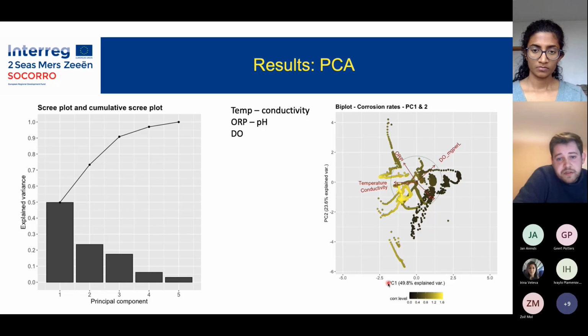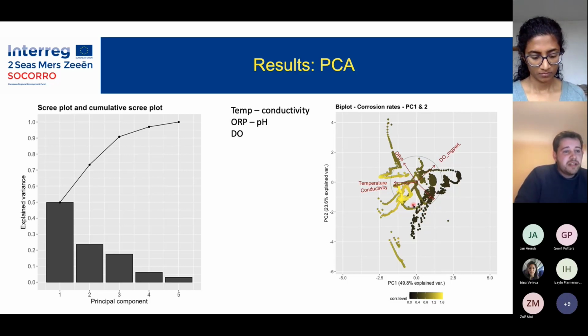The original coordinates of the data set are converted to coordinates on principal component axes, and as you can see on the left-hand side, there are only 3 components necessary to display over 90% of all of the explained variance within this data set. On the right-hand side, you can see the plotted data on principal component 1 and 2, and I'll go through the data with you.